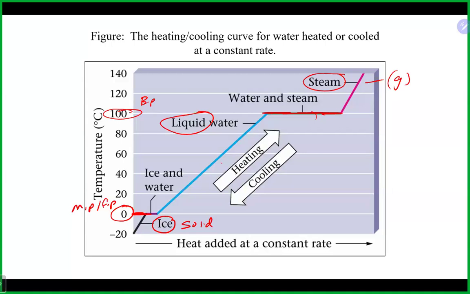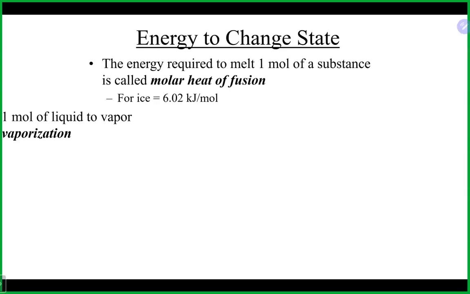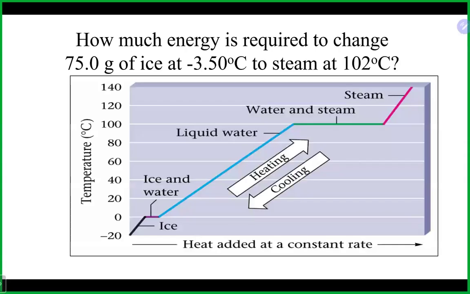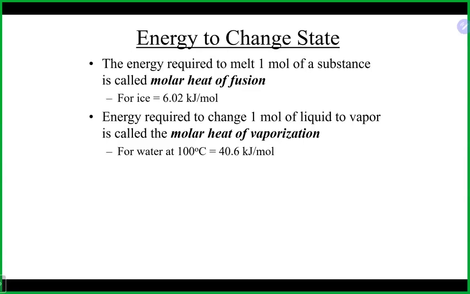If you're at 0 degrees in the liquid phase and you remove energy in an exothermic process, the liquid water will become solid ice. So it all depends, at the boiling point or the melting point, on what you're doing with energy. And when we talk about energy, there is a certain amount of energy that's required to do nothing more than change the phase of a substance.